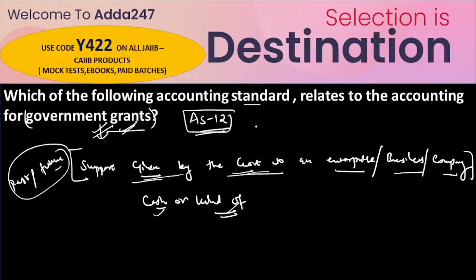Till now we have understood three accounting standards. First, accounting standard 2 is related to the valuation of inventories.